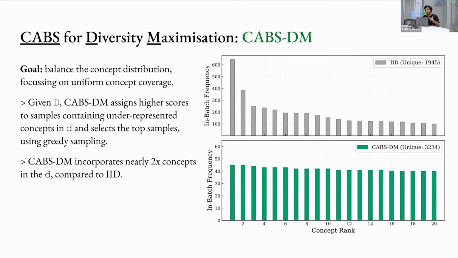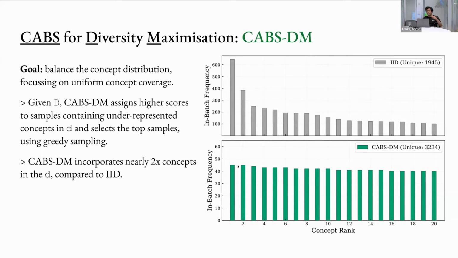Yes, so for classification, we instantiate something called CABS-DM, for diversity maximization. On the top, I show what a standard CLIP batch looks like. It's super long-tailed, and the common concepts are much more prevalent in the batch. Whereas our task, let's say, is to flatten this distribution as much as possible, given a hard limit of how many times a concept can appear in a batch per sample, of course.